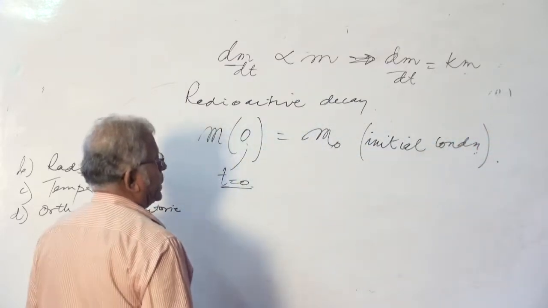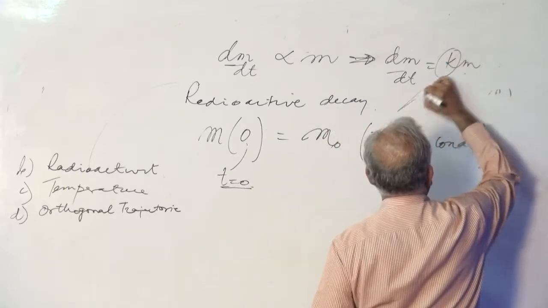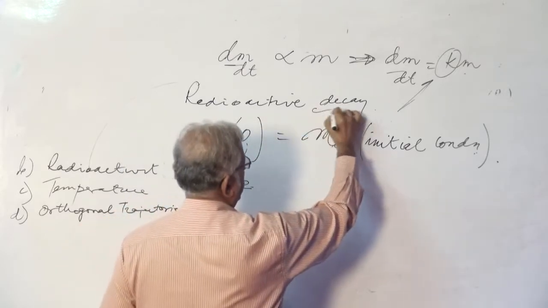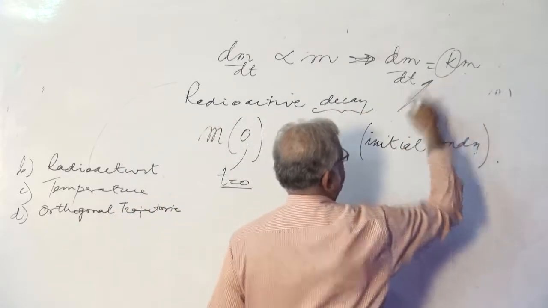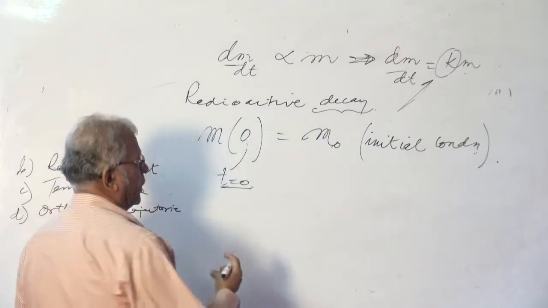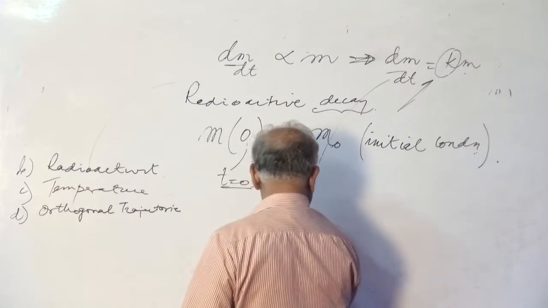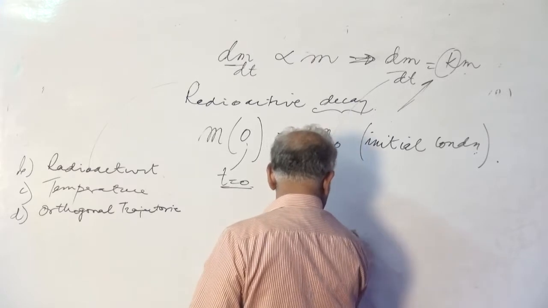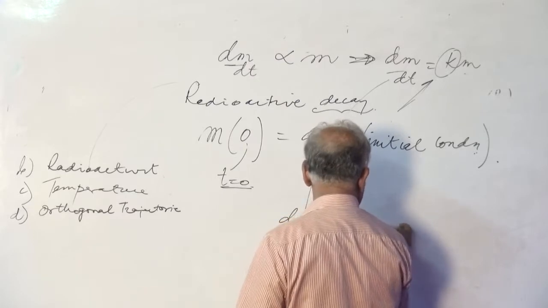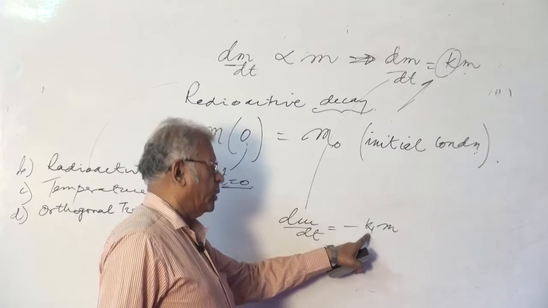Now there is a little bit of extra things we have to say about k. Because it is decay, this k has to be negative. So it is better to write this in a different way: dm dt is, say, minus k1 into m, and then this k1 is certainly positive.